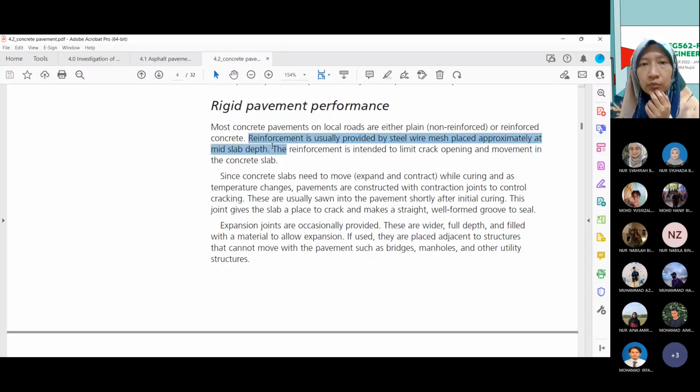So the important part about concrete pavement is whether you have the reinforcement or you don't. Of course, we want a long-lasting concrete pavement, so we are going to use reinforcement or steel wire mesh to prevent the crack opening from becoming worse.